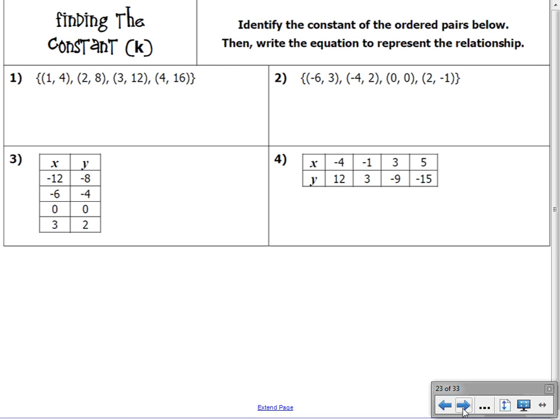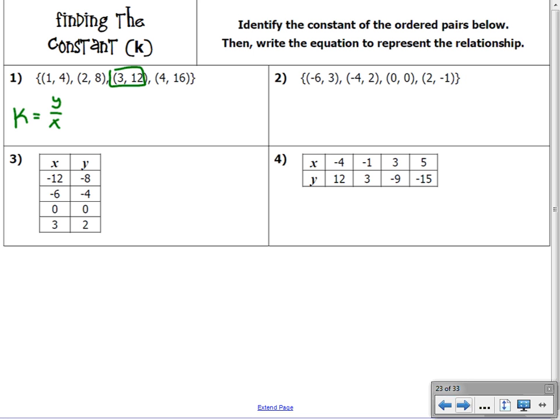So in all these problems here, we're assuming that these are direct variations. Like, we start off knowing that. Our job is to identify the constant of variation and then use that to write an equation for that relationship. So if I want to find k, I'm just going to pick one of these ordered pairs, and I'm going to do y divided by x. So let's pick this one.